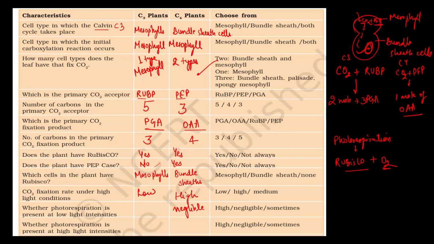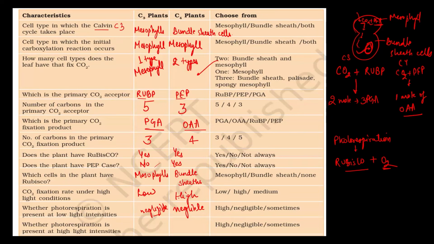Now the question is for the C3 plants. So C3 plants under low light intensity, will they have photorespiration? The answer is no, because at low light intensity, your carbon dioxide fixation is taking place, and this rubisco will bind to carbon dioxide, right?